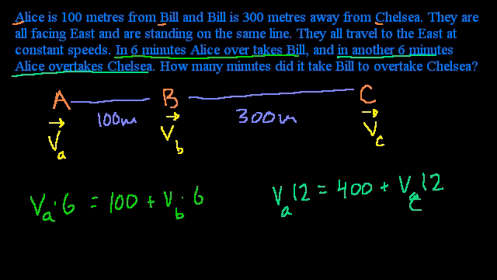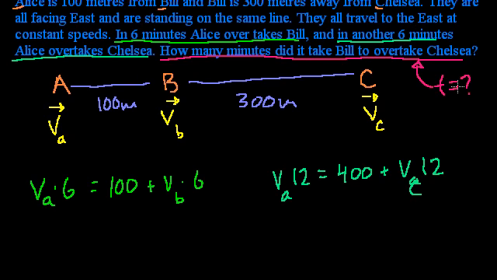And what is their question? They're asking us, how many minutes did it take Bill to overtake Chelsea? All right, so we want to know time in minutes. How long does it take Bill to overtake Chelsea? So let's say it's time t.